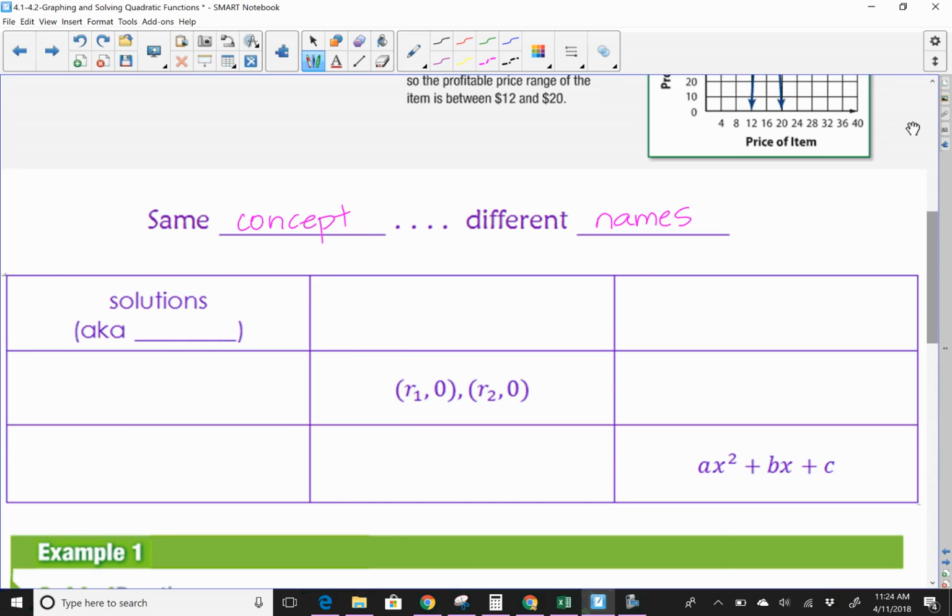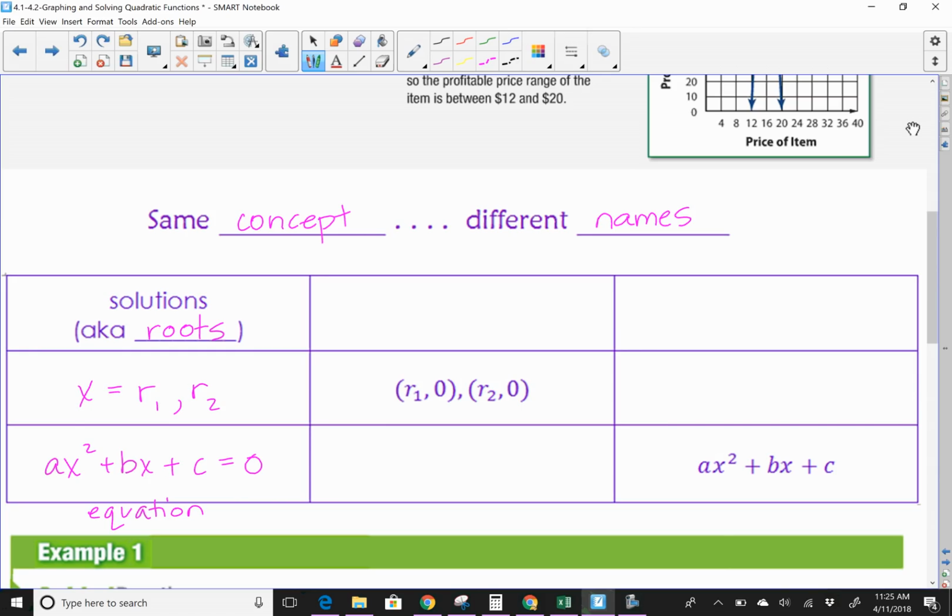For example, when we talk about the solutions, also known as the roots of an equation, we have an equation, ax squared plus bx plus c equals 0. This is what we call an equation. All right, and our roots are x equals, you can say root 1 and root 2, just to represent some number.